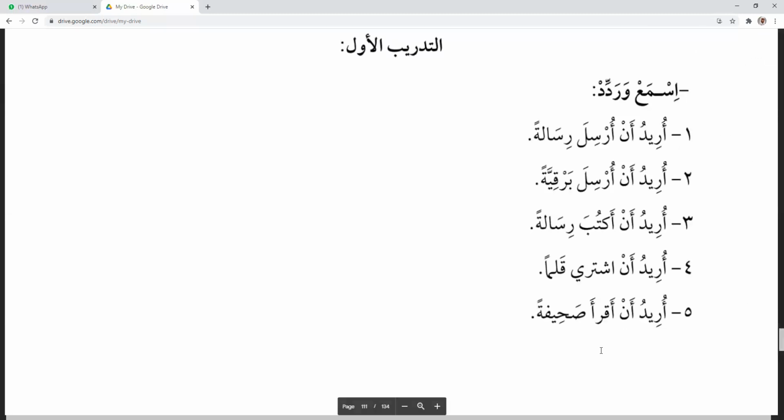That's fine. What about, do you want to go to the market? هل تريد أن تذهب إلى السوق؟ So you see this is a kind of common phrase which you use.